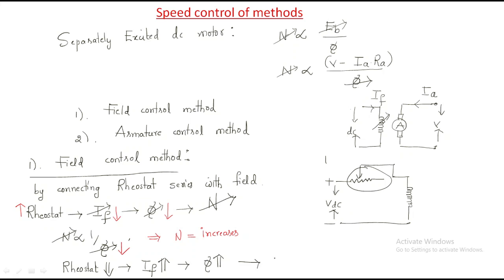The flux value increases, speed value decreases. Yes, speed decreases. The reason is the speed is inversely proportional to the field. And the next method is the armature control method. The second method is the armature control method.